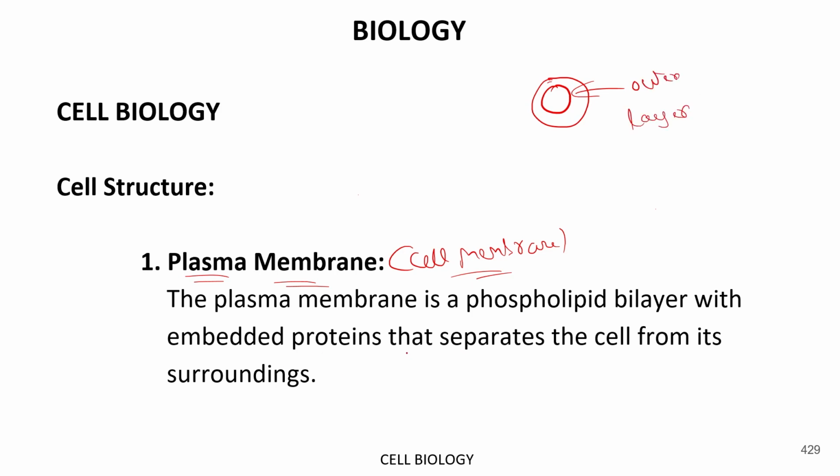It is the phospholipid layer because it is made up of phospholipids, and its basic function is to separate the cell from its surroundings. Whatever the surroundings, this membrane will separate the cell from its surroundings.